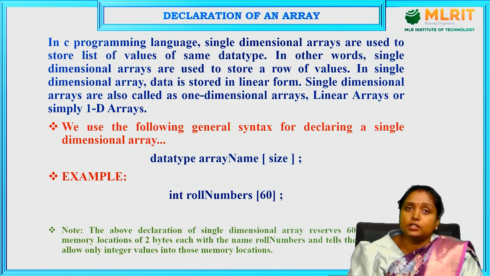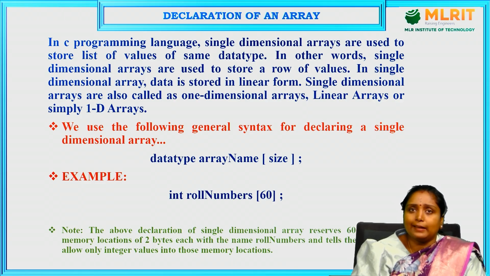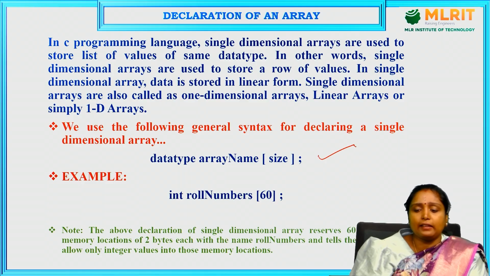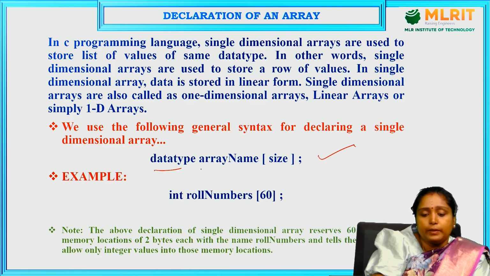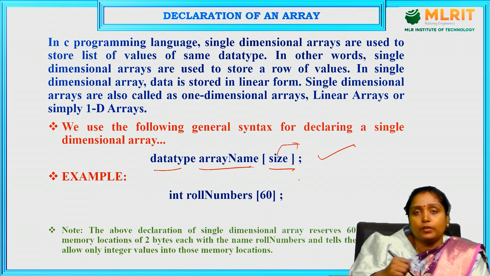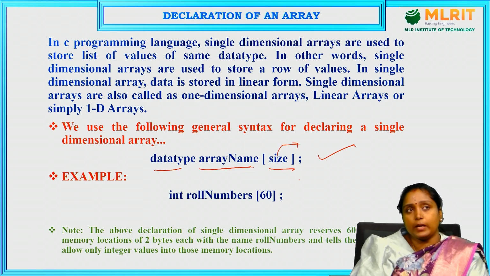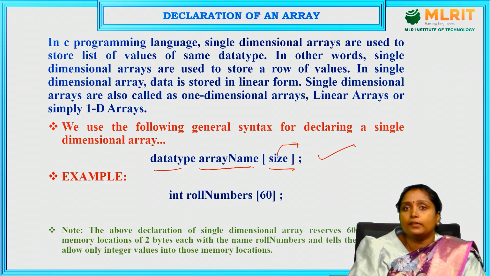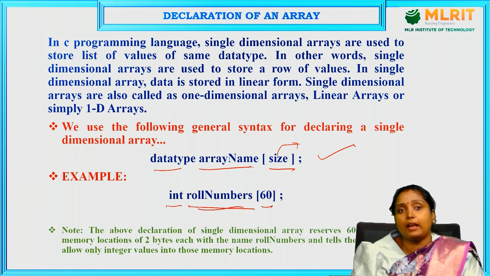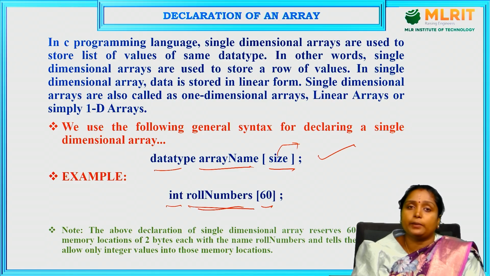Coming to the declaration of an array, we have a general syntax: data type, array name, and size. Here you have to give the size of the array. If my array wants to store up to 60 values, then you can give the size as 60, like int rollnumber[60]. Here rollnumber is an array which can hold 60 values of integer data type.